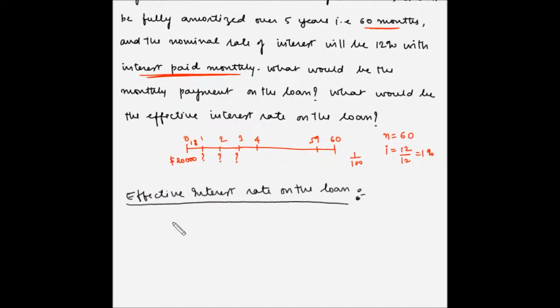Now to find the effective interest rate, basically we have to use the formula 1 plus I to the power n minus 1, where n is the number of compounding periods and I is the rate of interest per compounding period. So this is equal to 1 plus I is 1%, so 0.01. Now what is the value of n?